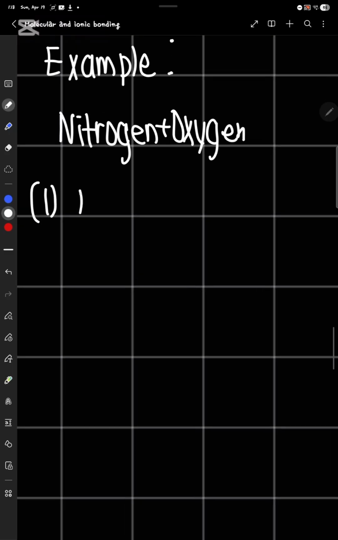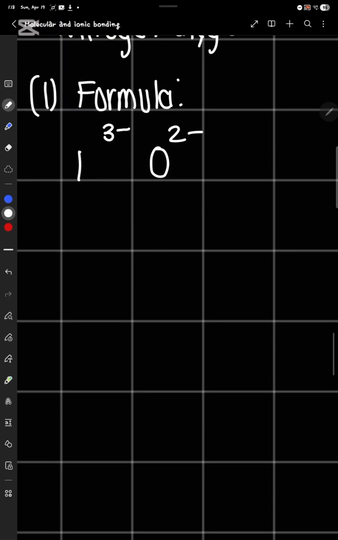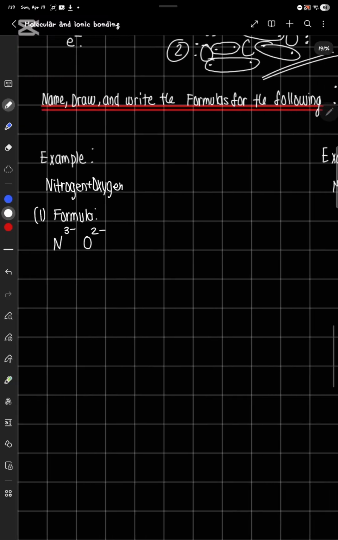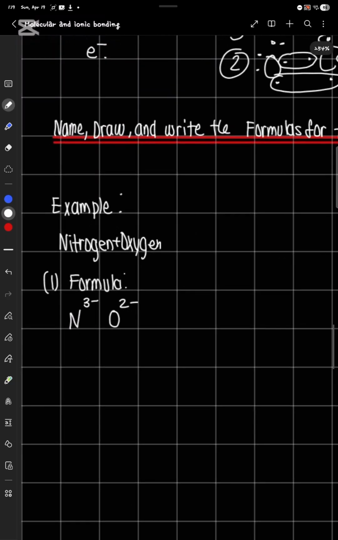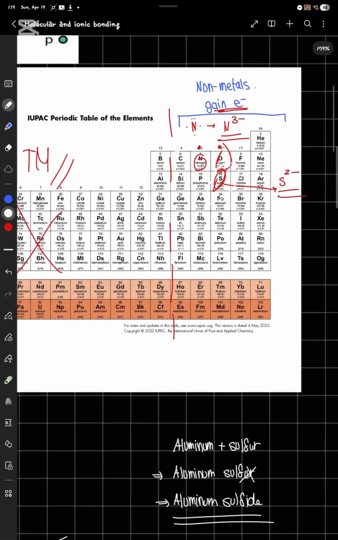First thing to do, formula. Nitrogen has a charge of 3 minus, oxygen 2 minus. Refer to a periodic table when you do this. I just memorized it because I did too much practice already on this topic last year. So there we go. If you want to refer to the table, it's here.